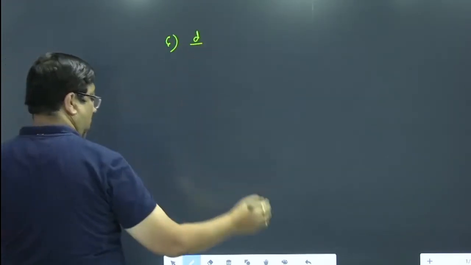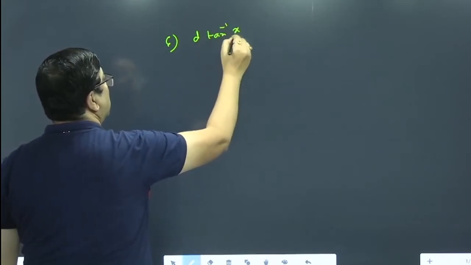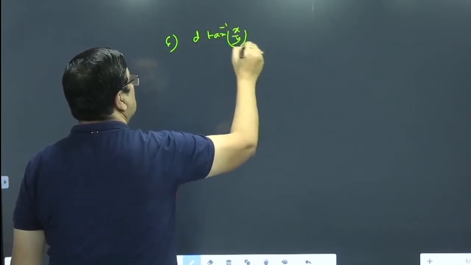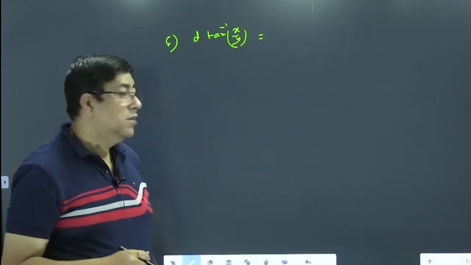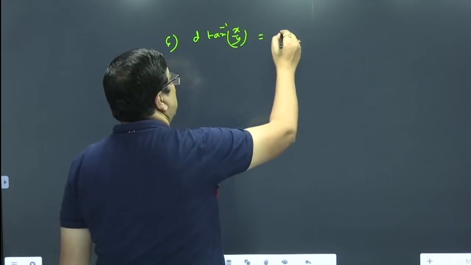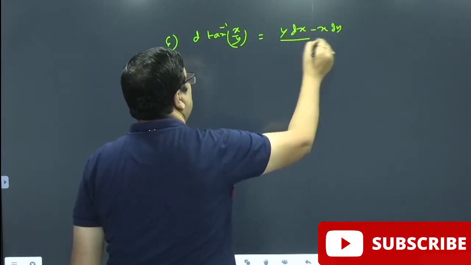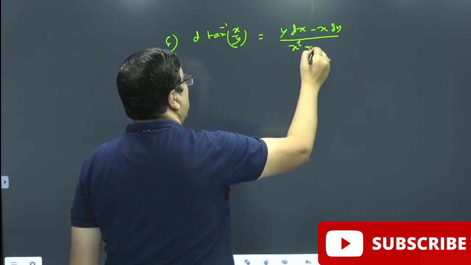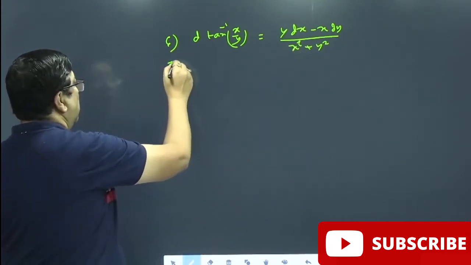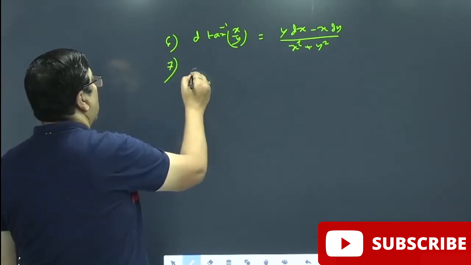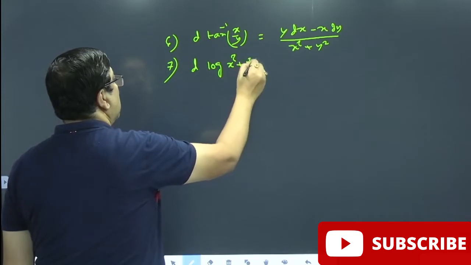d tan inverse x by y. So this also we can generalize like the previous one. So this is coming (y dx minus x dy) by (x square plus y square). So I am going to the next formula, d log of x square plus y square.